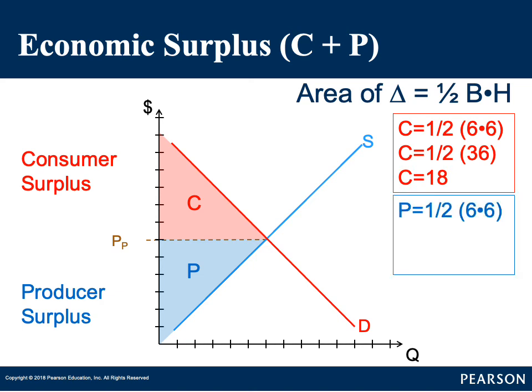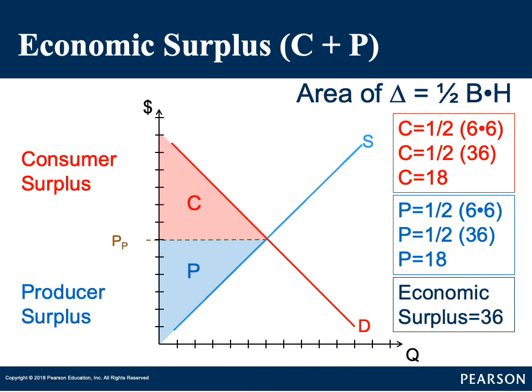On the producer side, it's a very similar concept. 18 on the producer side. The triangles are exactly the same. But when we look at the economic surplus, we take the consumers plus the producers, and that would tell us there is an economic surplus of 36.